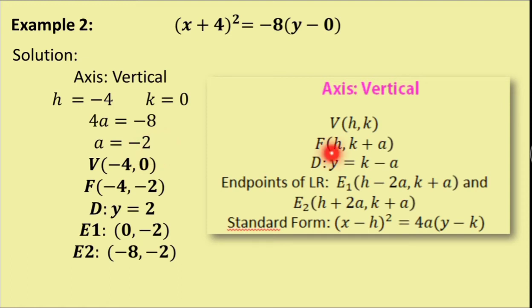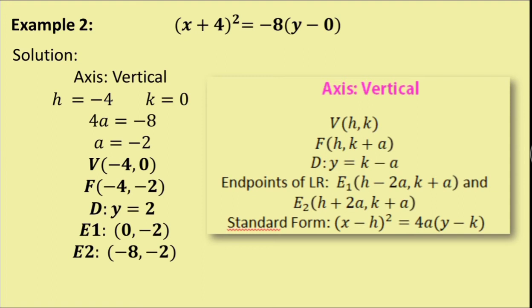So focus is at (h, k plus a). h is -4, and then k plus a: 0 plus -2 is -2. Then directrix is y equals k minus a. So k is 0 minus -2. 0 minus -2 is the same as 0 plus 2, so it will become y equals 2.